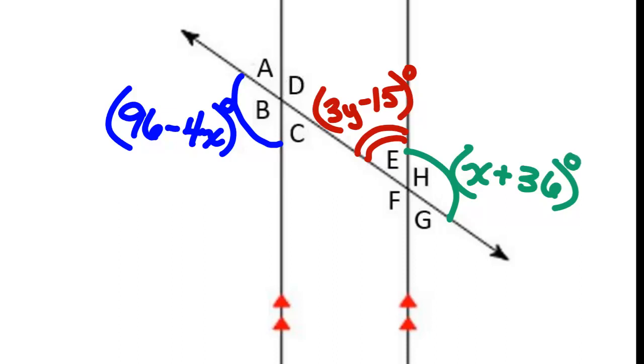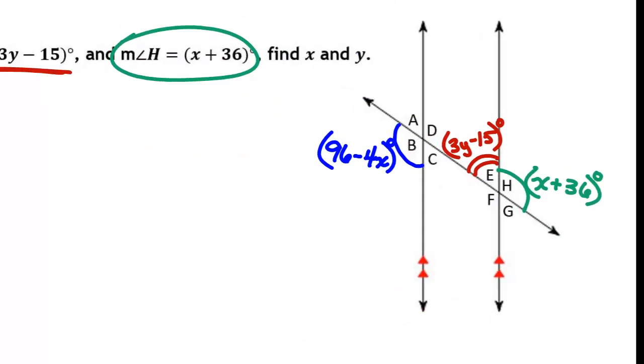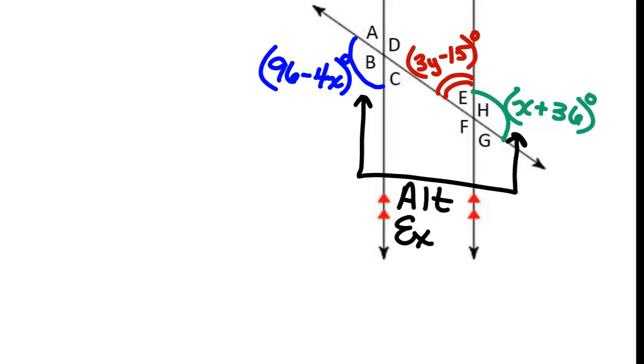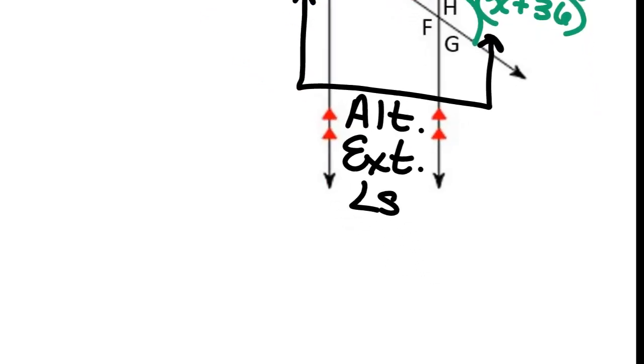Which one should we find first, x or y? X, okay? So look at the two angles that have x's. That's angle B and angle H. What's the relationship between these two angles? Alternate exterior angles. And what do we know about alternate exterior angles? They are congruent.